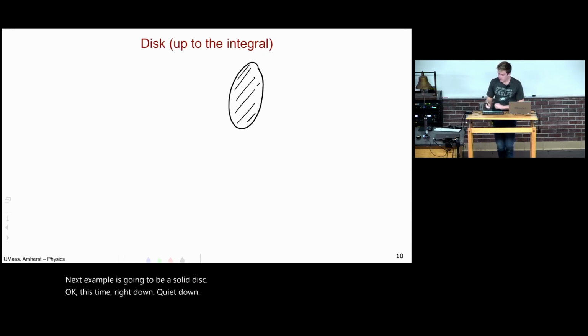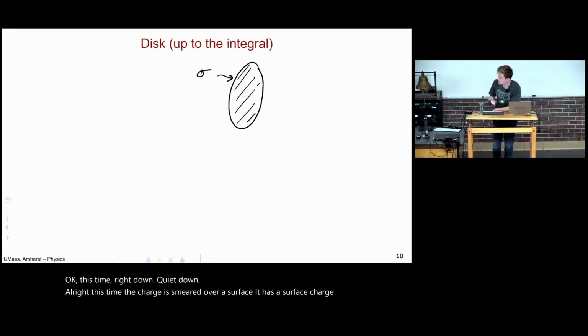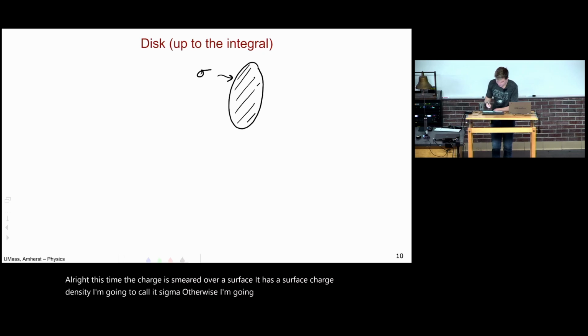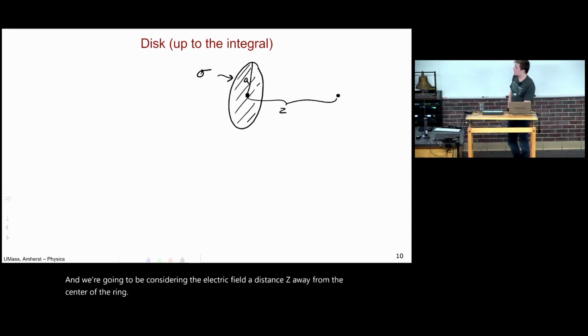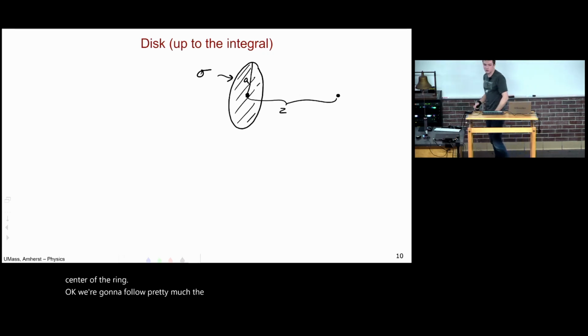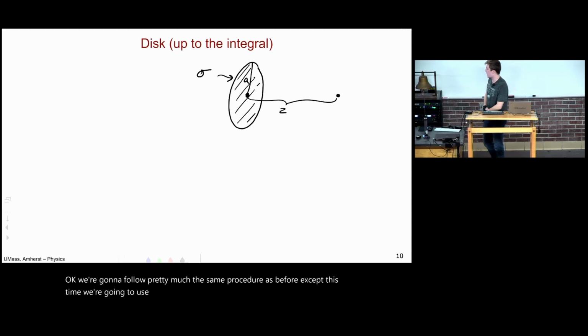All right, this time the charge is smeared over a surface. It has a surface charge density, I'm going to call it sigma, otherwise I'm going to forget anyway. Again, we're going to have a radius a, and we're going to be considering the electric field a distance z away from the center of the disk. Okay, we're going to follow pretty much the same procedure as before, except this time we're going to use area for dq instead of length.